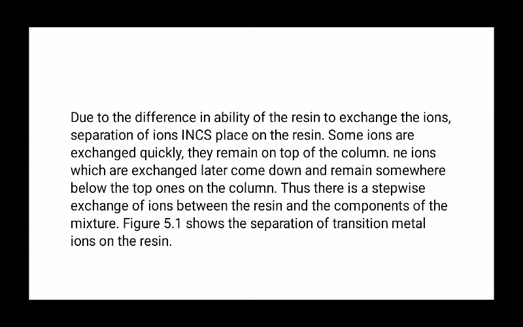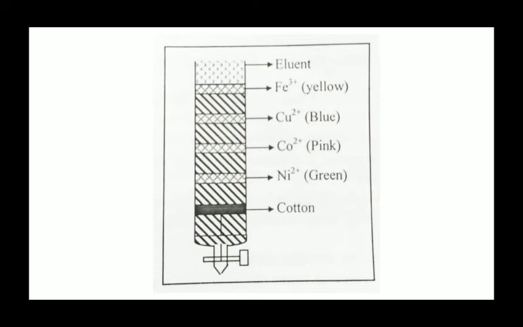Thus, there is a stepwise exchange of ions between the resin and the components of the mixture, which is shown in this figure. The figure shows the separation of transition metals on the resin.